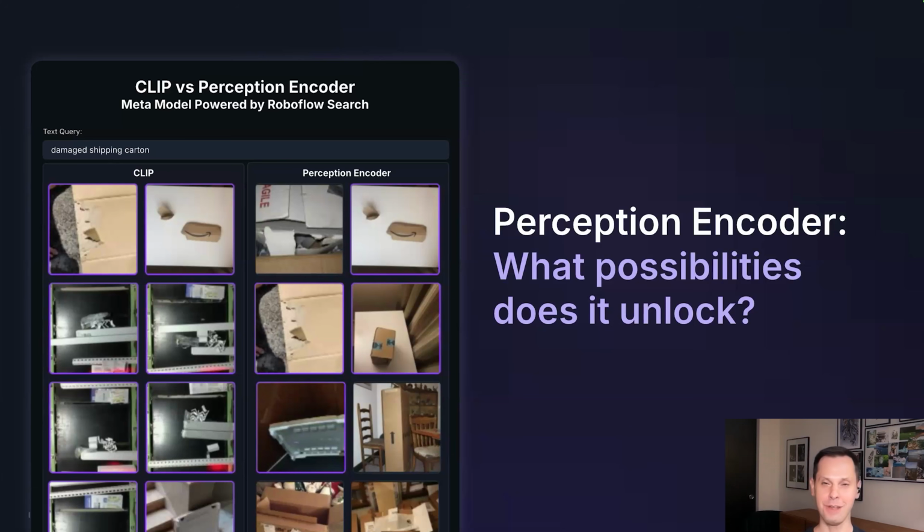So if anybody from some stock websites sees this video, please get in touch with us, and perhaps we can help improve the search results for you. But that's my example of how I could see something like Perception Encoder improving a real world use case.